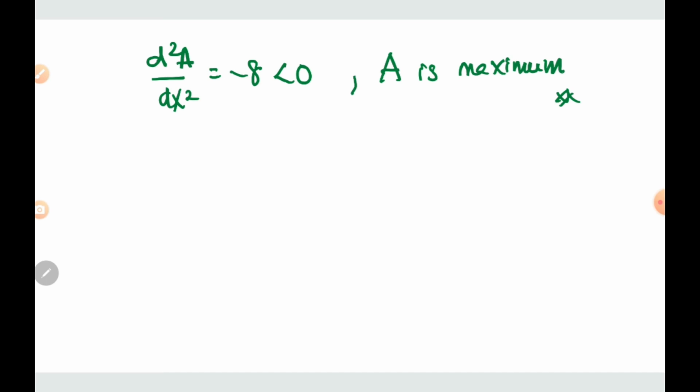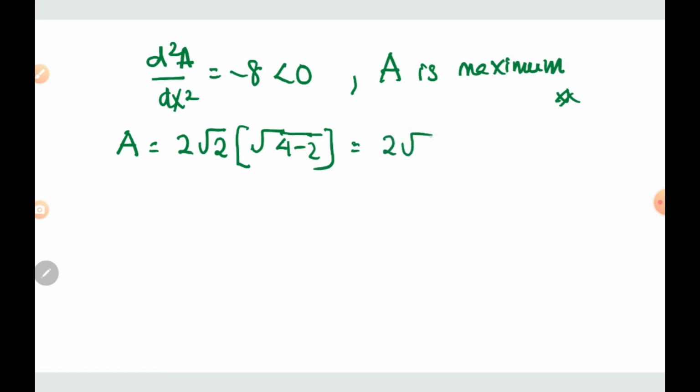Okay, so we need to find what is the maximum value of A. Therefore, the value of A is A equals to 2√2, the area is 2x, 2√2 multiplied with (√4 - 2), close the bracket, and the answer is 2√2 times √2, which is √2 times √2 is 2, 2 times 2 is 4.